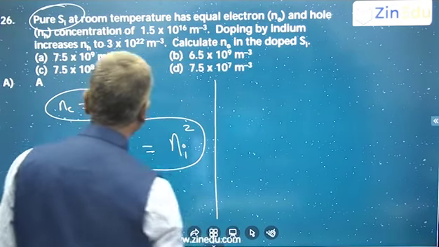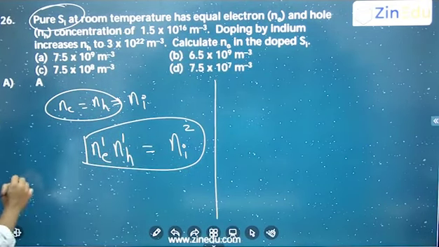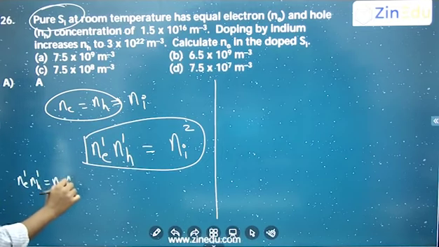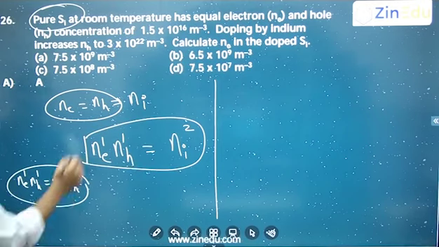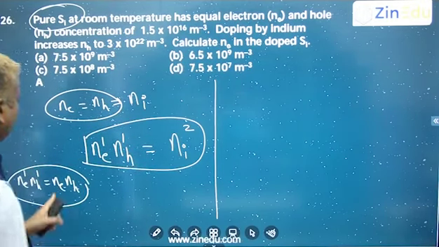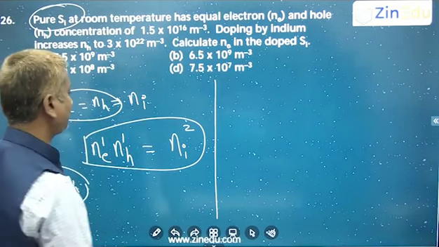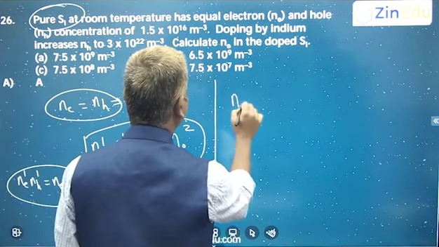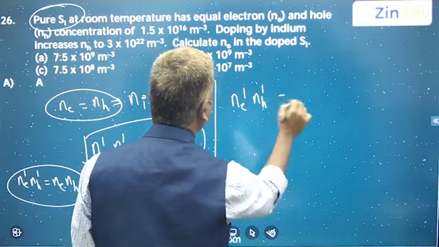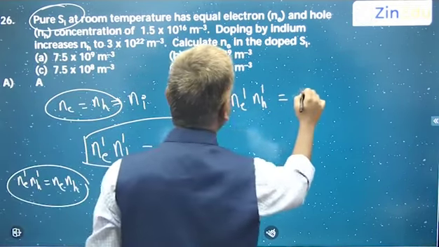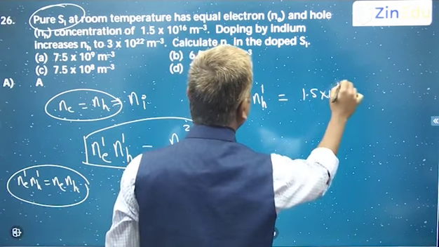So it comes out like this: Ne prime NH prime is equal to Ne into NH. But Ne and NH are both equal, you are taking as Ni, so Ni square. So Ne prime NH prime is equal to Ni square, which is equal to (1.5 into 10 power 16) whole square.